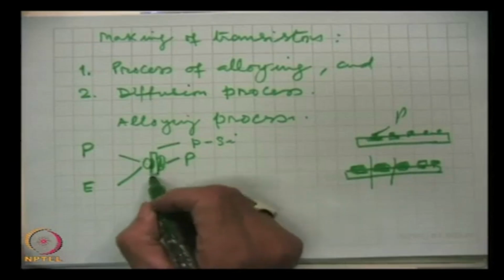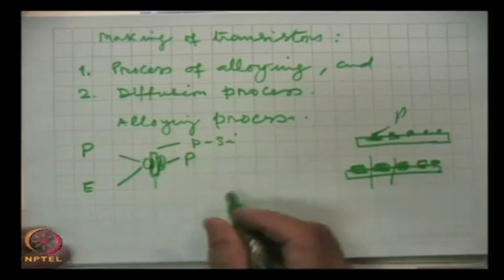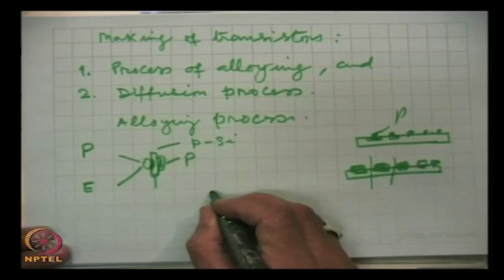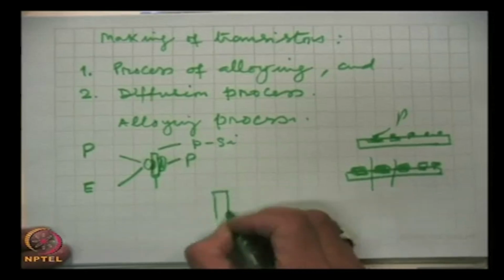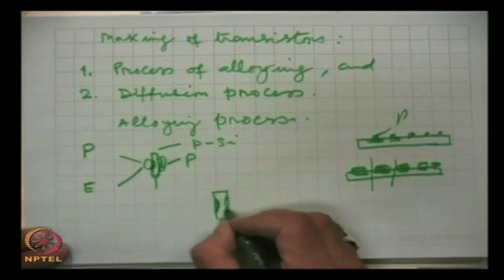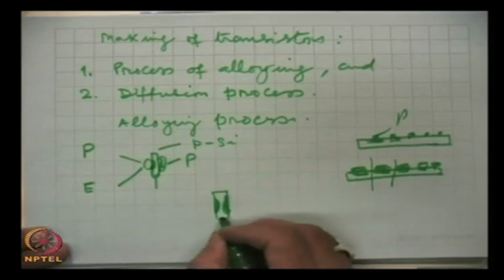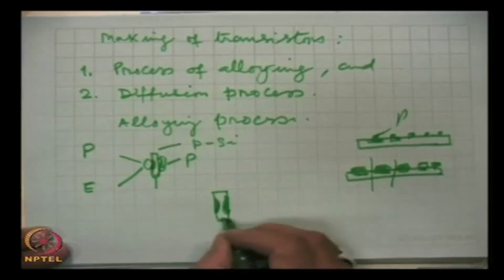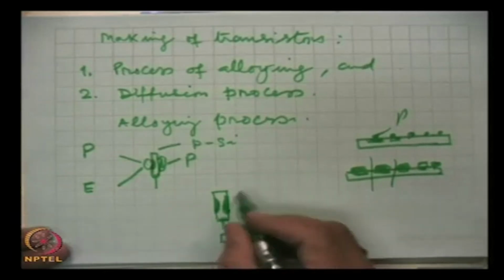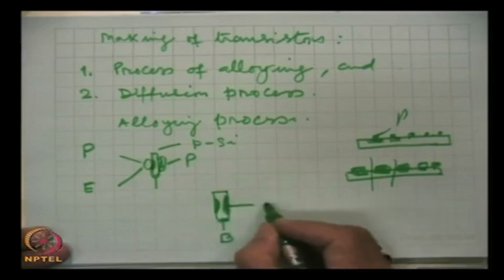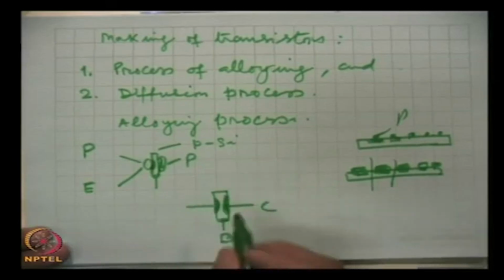And so we will make the ohmic contacts. This will be the base. So, finally what we have is this here, this is the emitter, this is the collector, and the original one, we will put a contact here, this will act as the base.